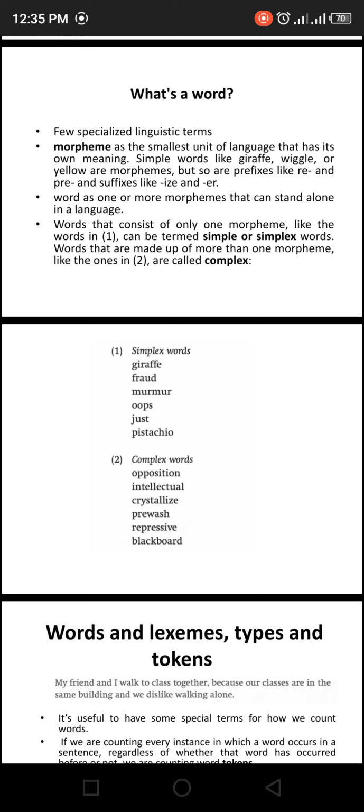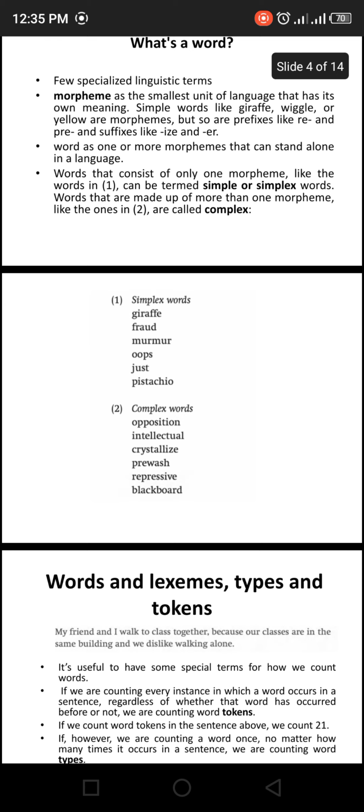But here comes another question. For example, you have a word like beautiful. Beautiful has two morphemes, beauty and full. Now beauty can give you the meaning alone, but full cannot give you meaning alone. When you attach full with beauty, it will give you the meaning, but full alone cannot convey any meaning.